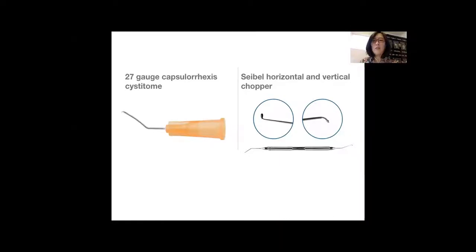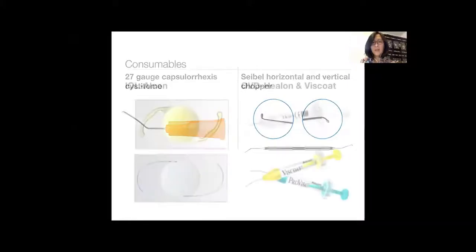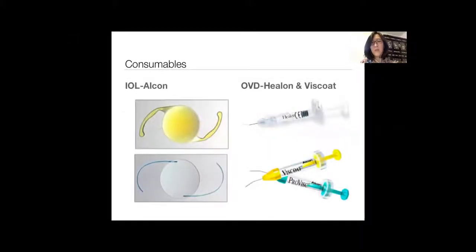The chopper that I use is a Cybele horizontal and vertical chopper, and I like these because they have generally rounded edges on the distal aspect to protect the bag, but of course there are a number of other choppers that are available to you. The consumables I use, I like the intraocular lenses from Alcon.